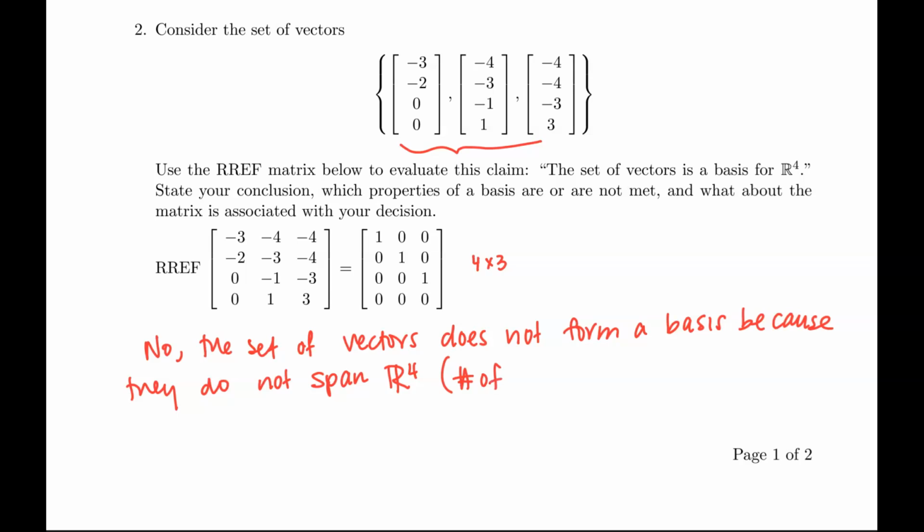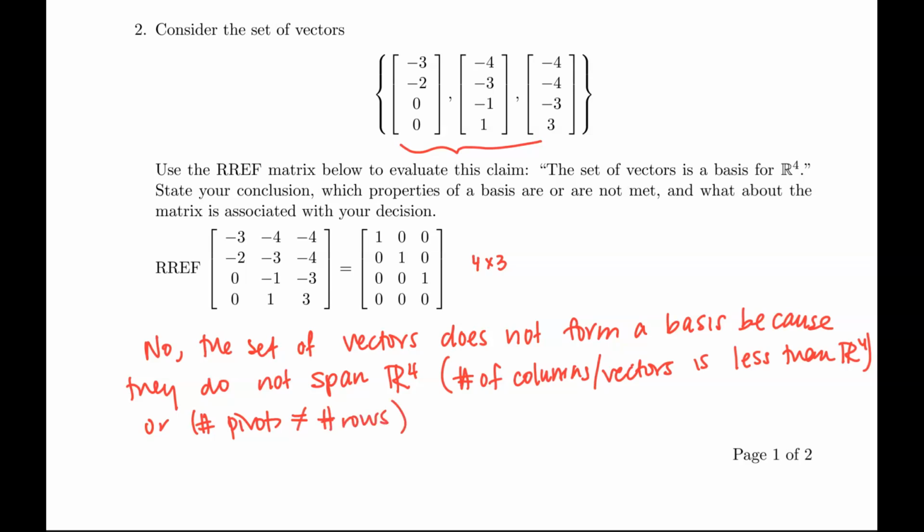The number of columns, or vectors, is smaller than the number of rows. Right, I could say that. That's one way to talk about it. Or I could do the more traditional way we've been talking about span, which is the number of pivots doesn't equal the number of rows.